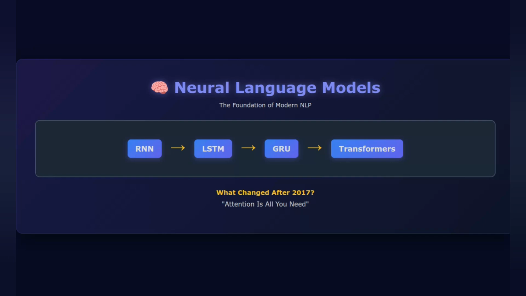We'll break down RNNs, LSTMs, GRUs, and finally transformers. We'll talk about what problems each one solved and why the 2017 paper, "Attention is All You Need," literally changed everything. By the end of this video, you'll understand not just how these models work, but why they evolved the way they did. So let's jump right in.